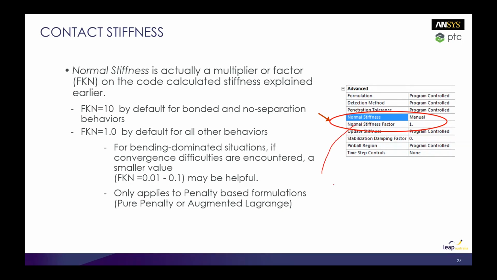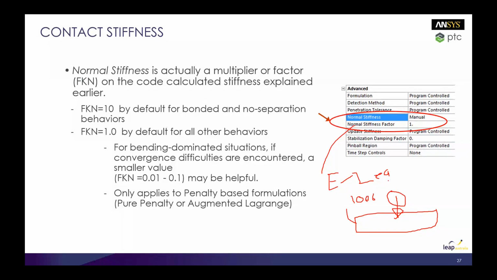So if you've got, let's say, a rubber block and you're pushing a steel sphere down into it. The steel is of the order of, say, 2E9, and this rubber here is of the order of, say, 10E6.